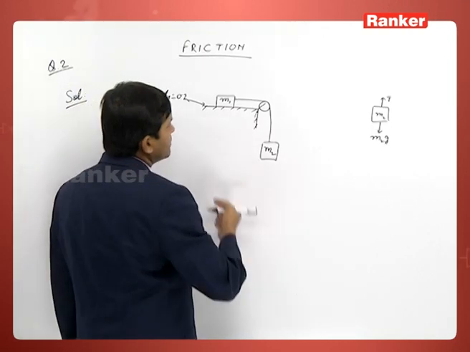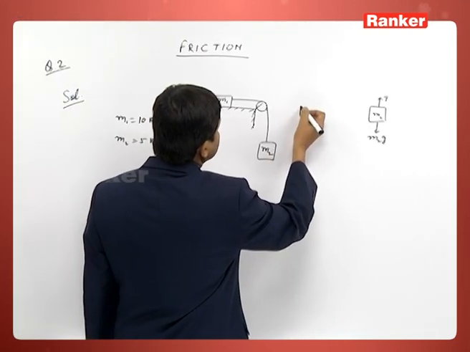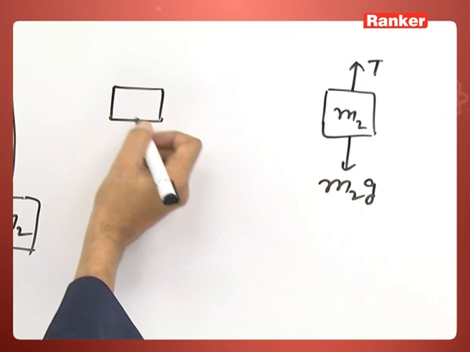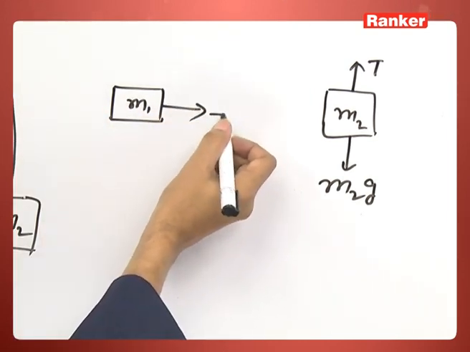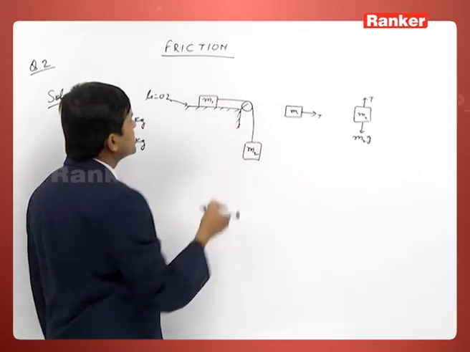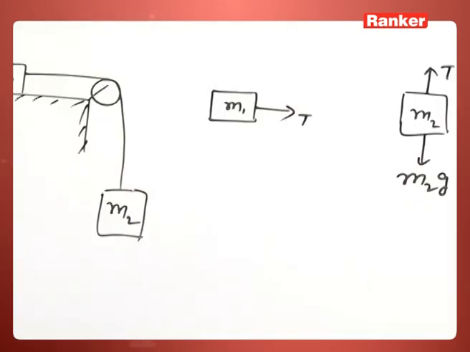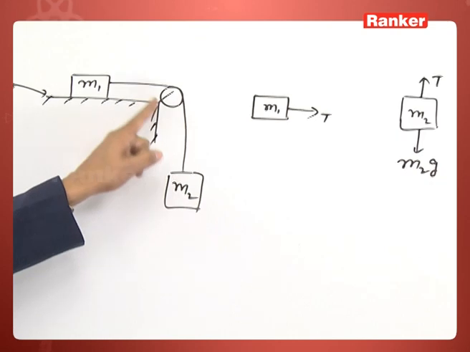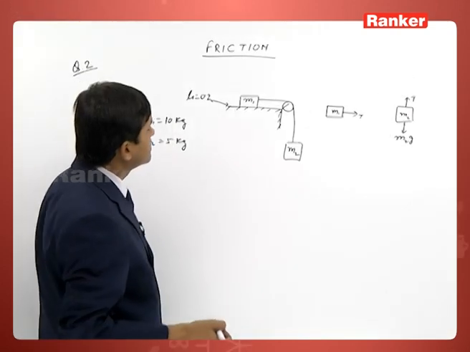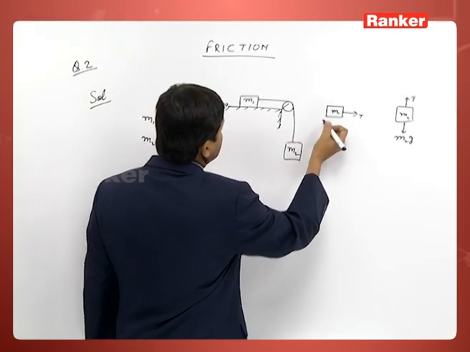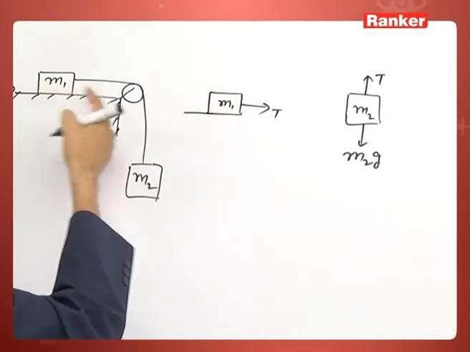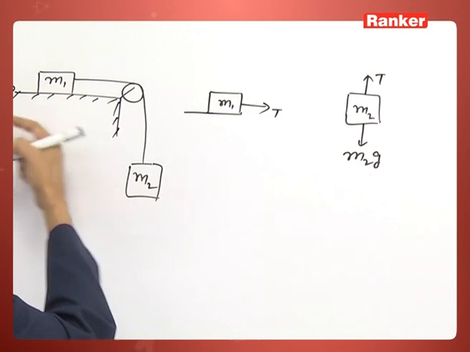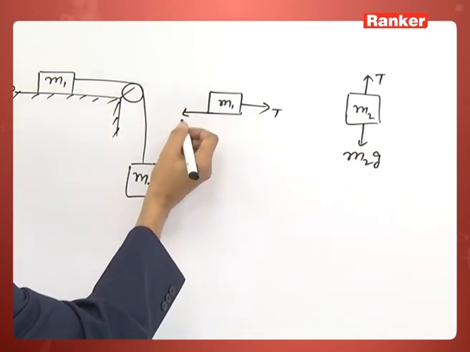Now, when we are looking at the block M1, this is the block M1, and this block is attached with the same string, and the string here is massless. So everywhere the tension on the string will be the same, T. Another force here, as the block has a tendency to move rightward, is friction force, let F.